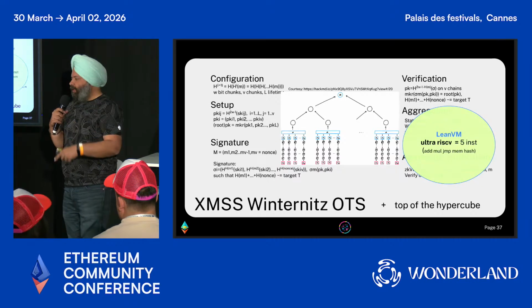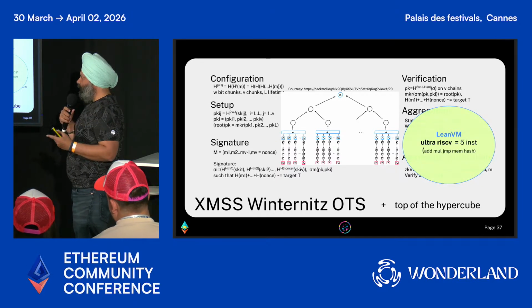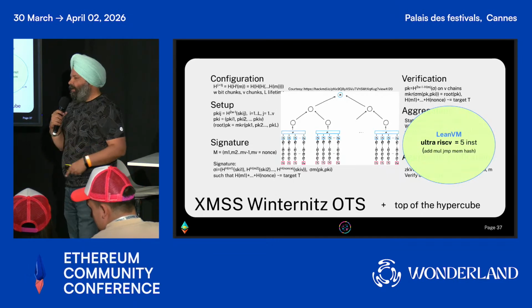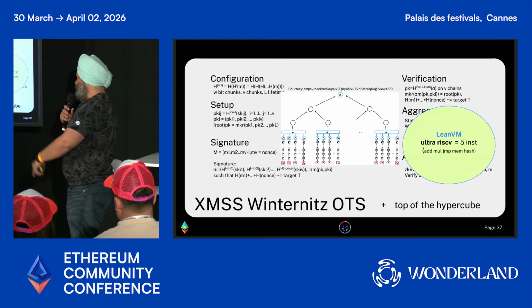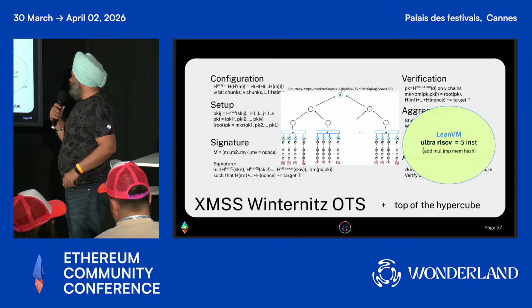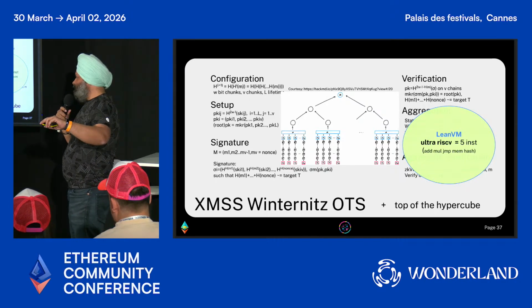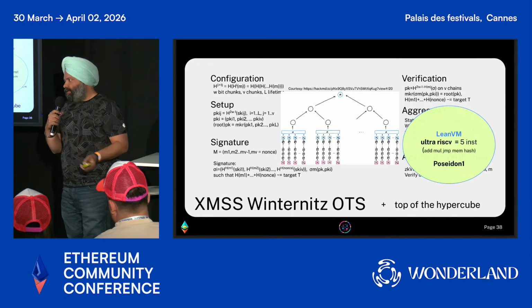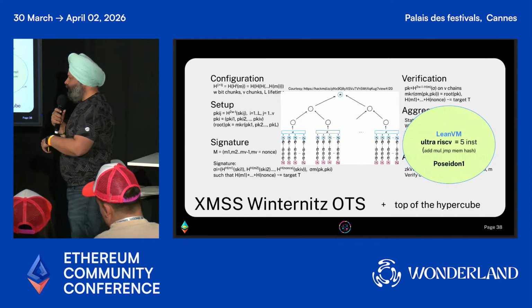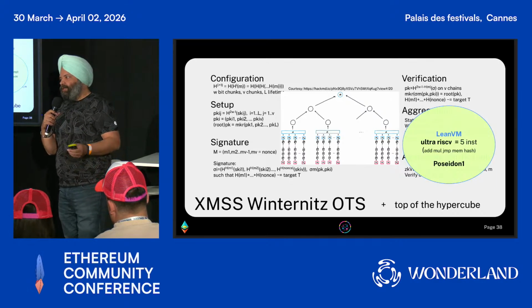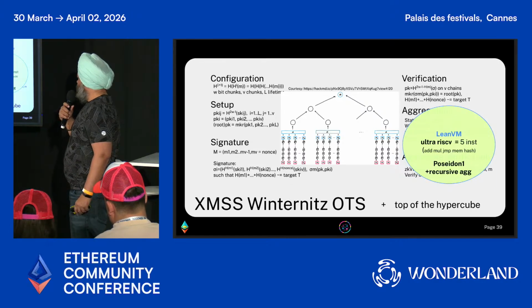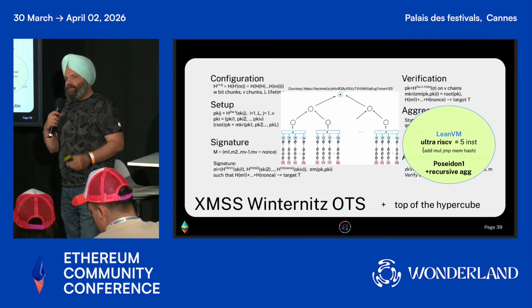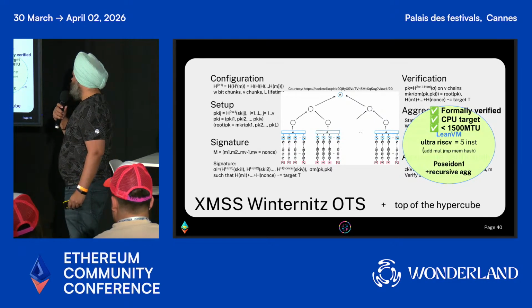And coming to the aggregation part, LeanVM is the VM that will aggregate these, that is actually aggregating all the signatures. It is ultra RISC-V, with only 5 instructions in the set, and we are using Poseidon 1. Earlier we were using Poseidon 2, but we shifted it back. And we are doing recursive aggregation on top of it.